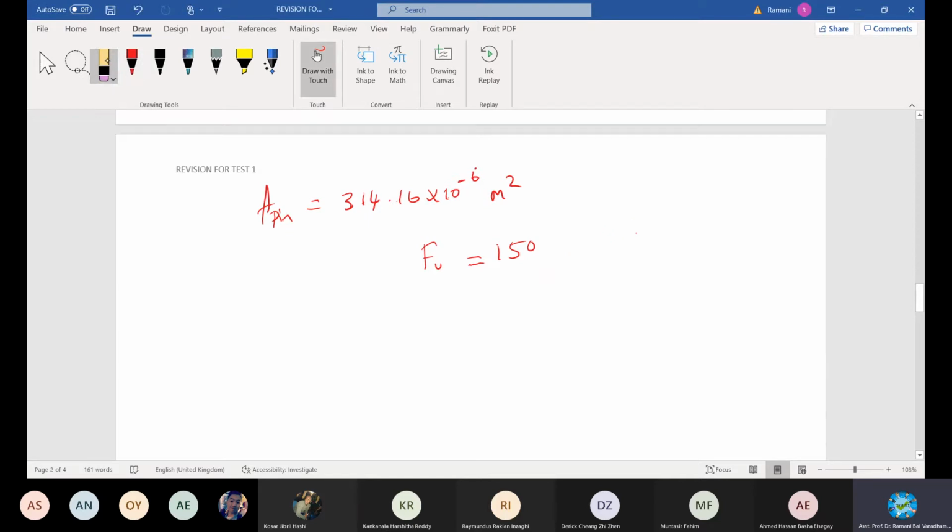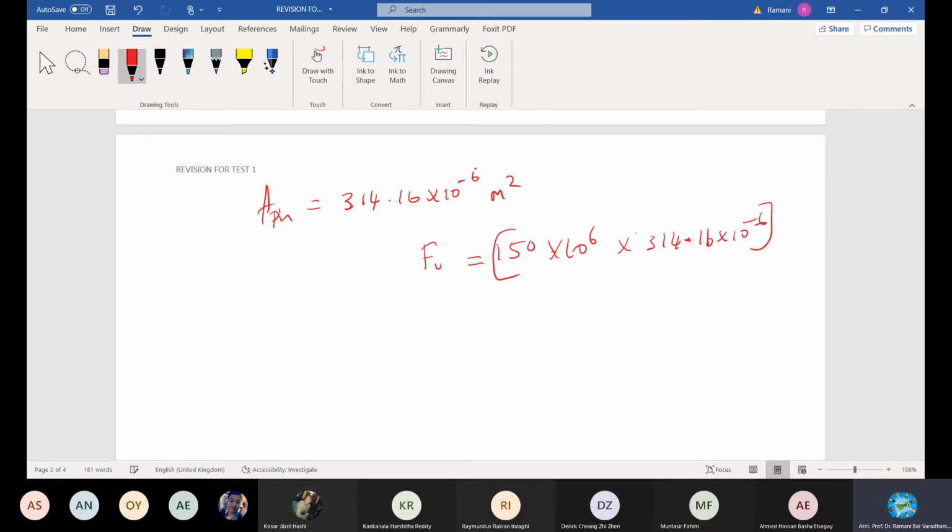Convert the megapascal value into 10 power 6 pascals, newtons per meter square. Area is 314.16 times 10 power minus 6.